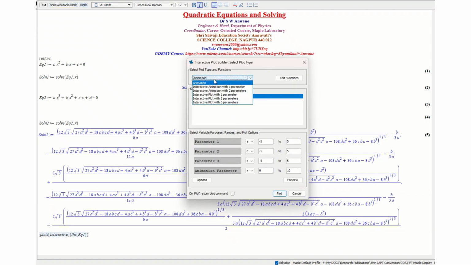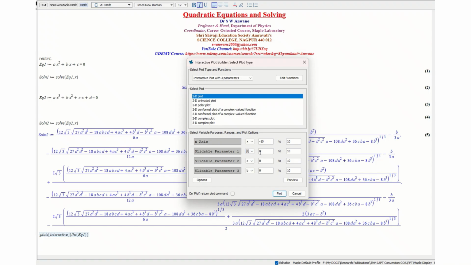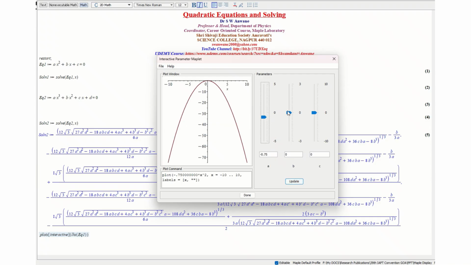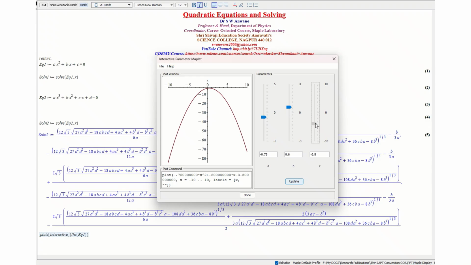We can run equation 1 for an interactive plot, wherein we can choose all three parameters to be interactive, and here we want A to range from -5 to +5, then B from -3 to +3, and C from -10 to +10. So I shall preview what is happening, and if you change these parameters, you can look at the equation.